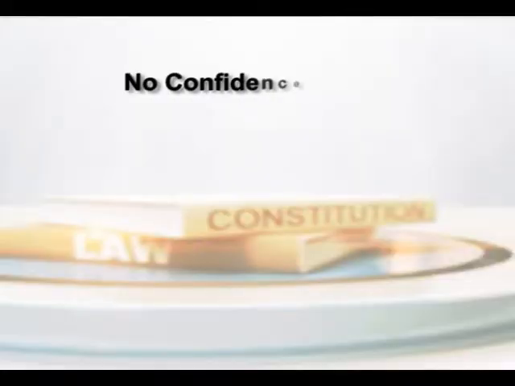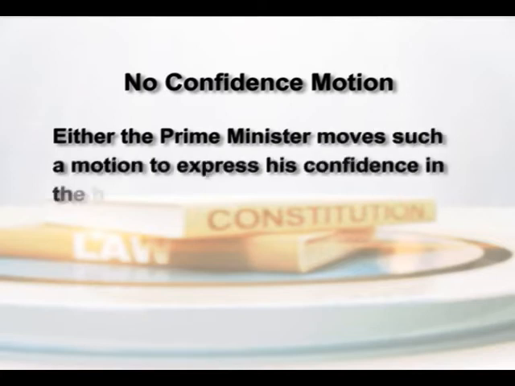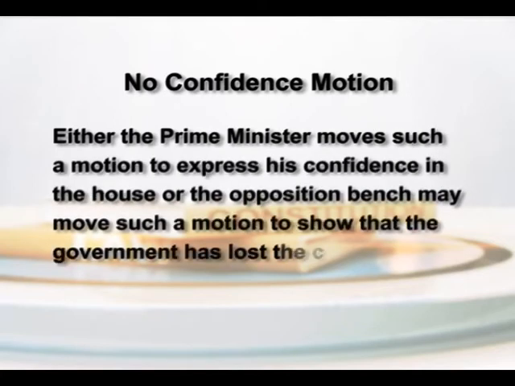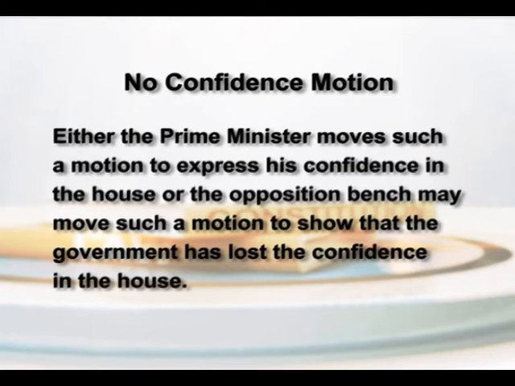Now, next is the no confidence motion. Either the Prime Minister may move such a motion to express his confidence in the House, or a member from the opposition bench may move such a motion to show that the government has lost its confidence in the House.